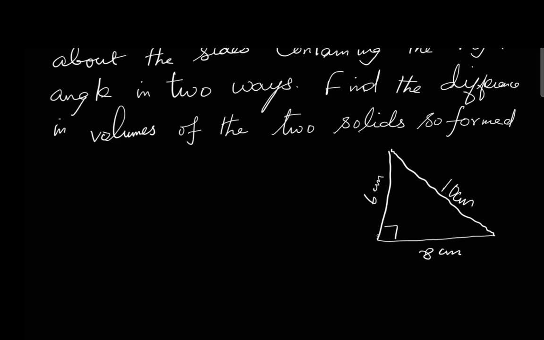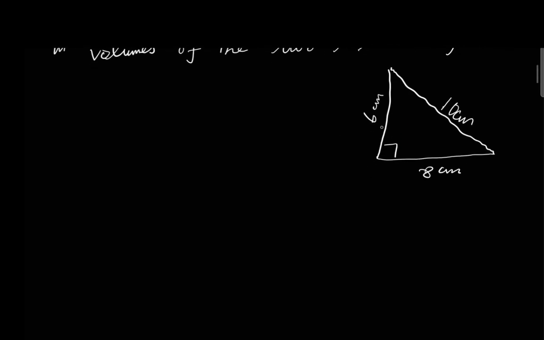When I give the rotation of this triangle along the side 6 cm, this 6 cm becomes the height of the cone, and the base 8 cm forms the circle of the cone, so 8 cm is the radius of this cone and 6 cm is the height.